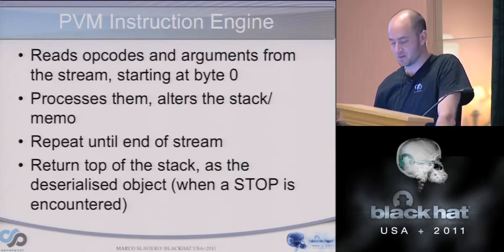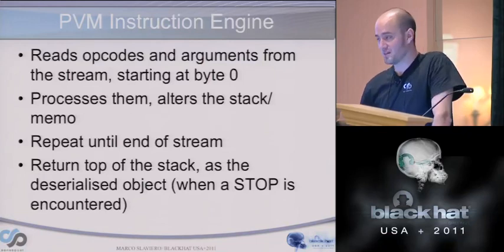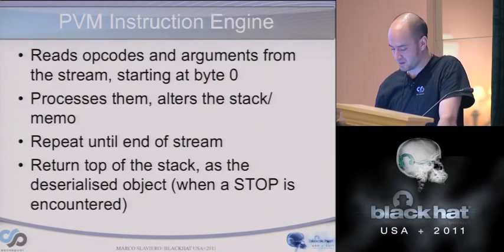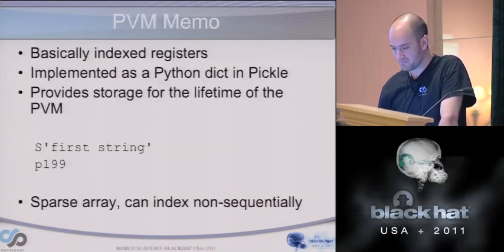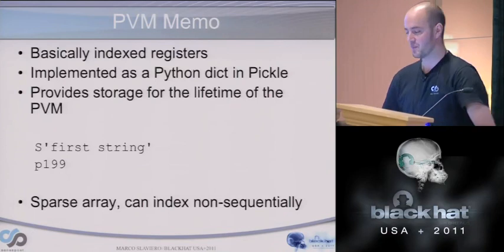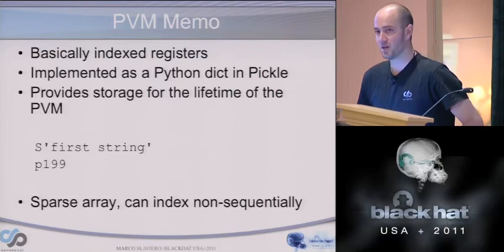So that's actually how an object gets produced. You manipulate data through this PVM, and at the end of this manipulation, an object should be living on the stack, and that object gets returned. The second part of the PVM is the memo, and the memo is analogous to registers on a regular machine.